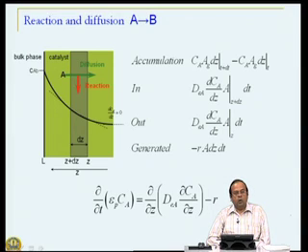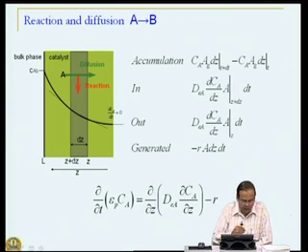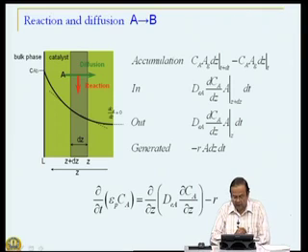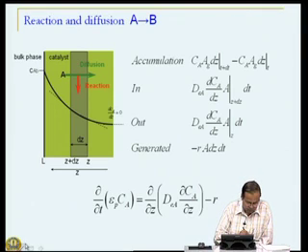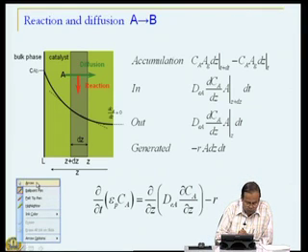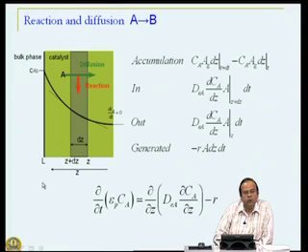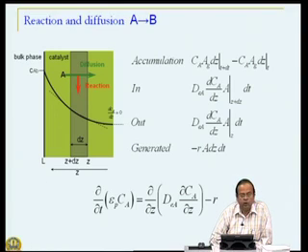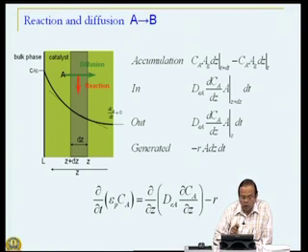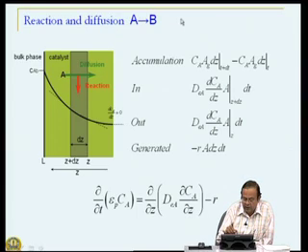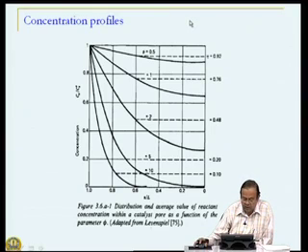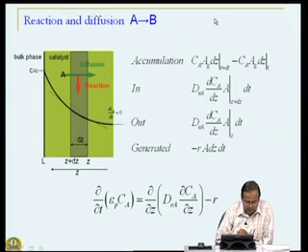So, what we are now going to do is look at a mass balance which is applicable when material is both diffusing and reacting. What we are going to do is consider only a slab geometry to begin with.